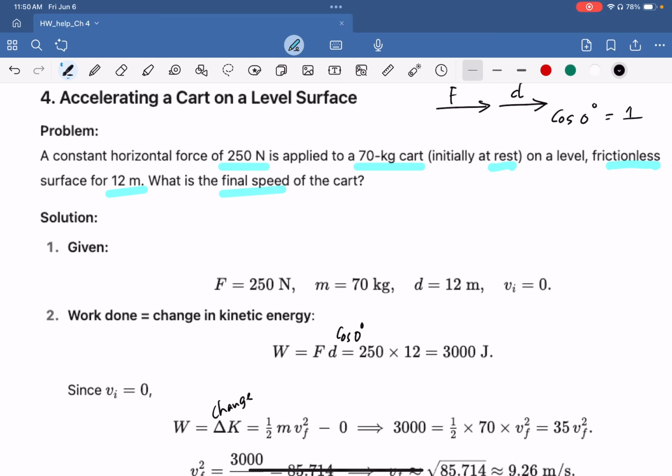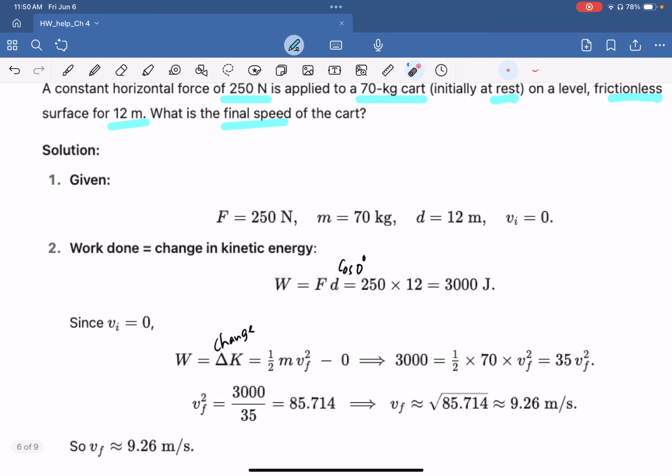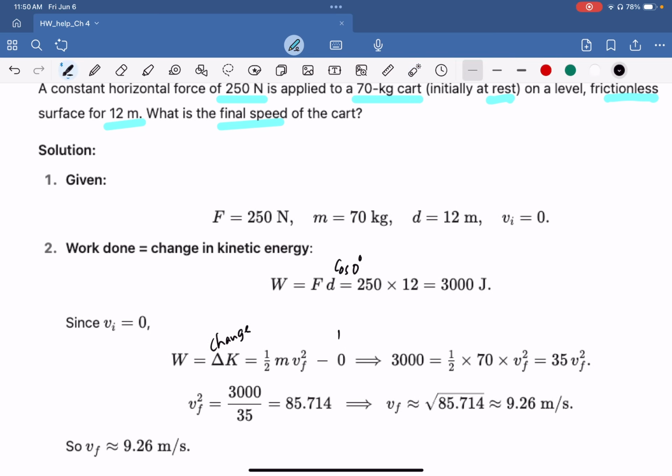So change in kinetic energy is 1/2 mass times the final velocity squared minus 1/2 mass times initial velocity squared. But the initial velocity being 0, this whole quantity becomes 0. And so now we know work is 3,000. So 3,000 is equal to 1/2 times mass times the square of the final velocity.